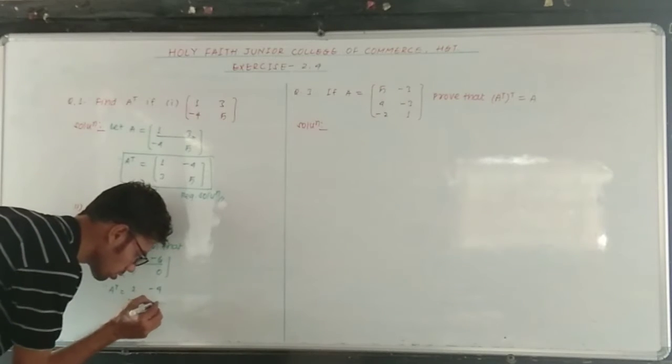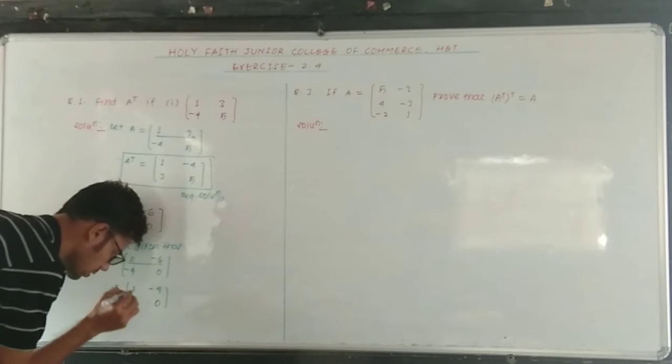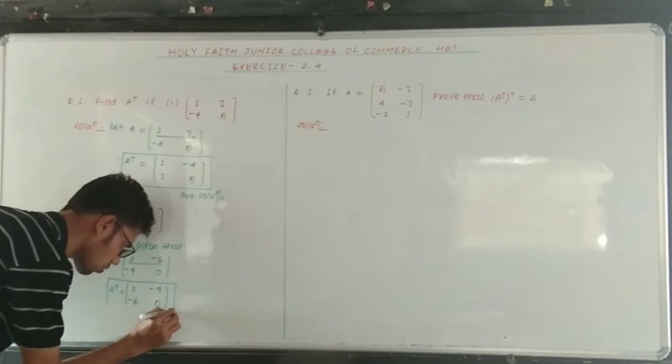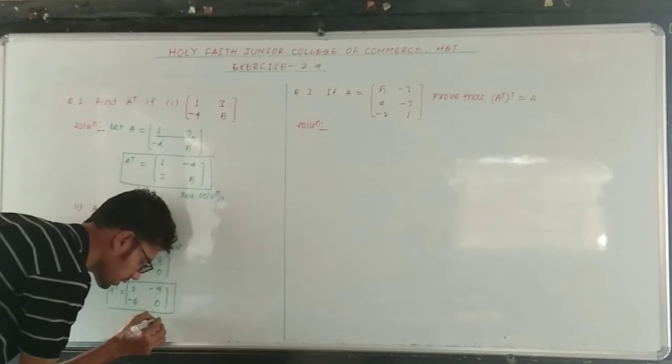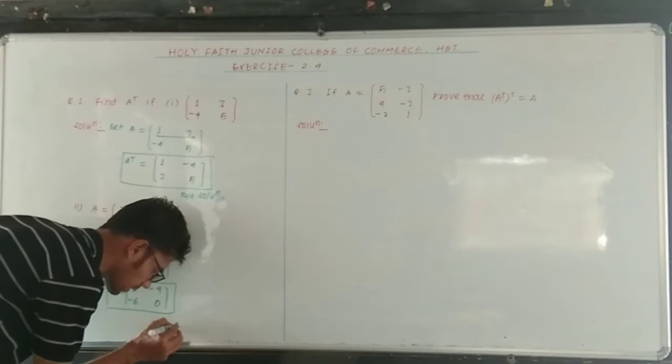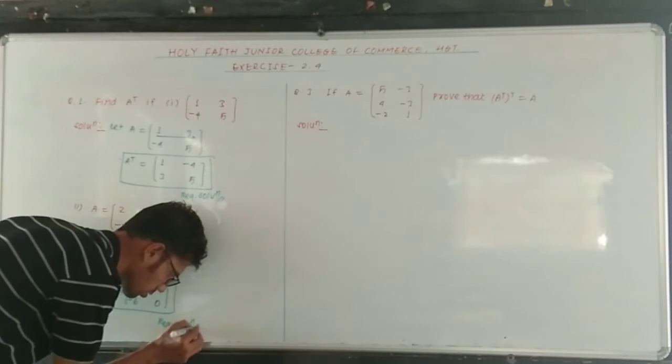We write this -4, 0 in the second column. Now this is the transpose of the matrix, the required solution.